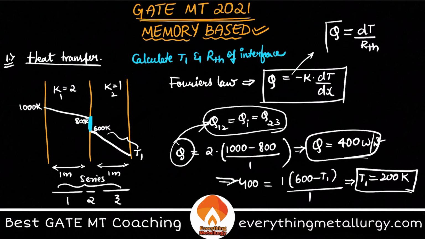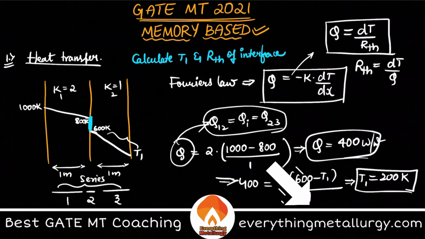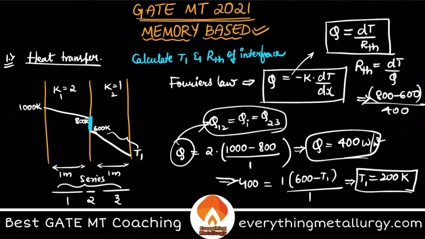From here RTH is equal to dT by Q. Q is again the same 400. dT here is 800 minus 600, which is 200, divided by Q, which is again 400. That means you have 200 by 400, which is 0.5. So the answer here would be 200 Kelvin for T1 and 0.5 as the thermal resistance.